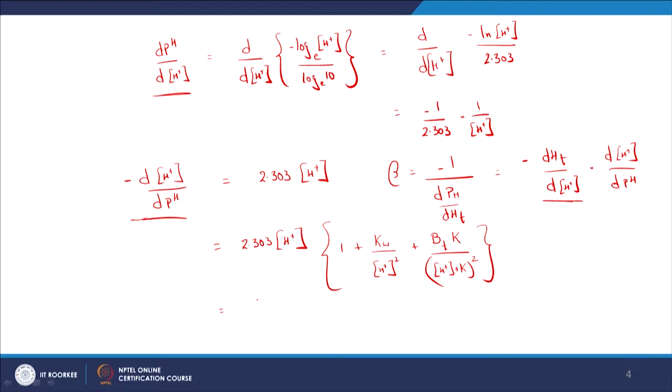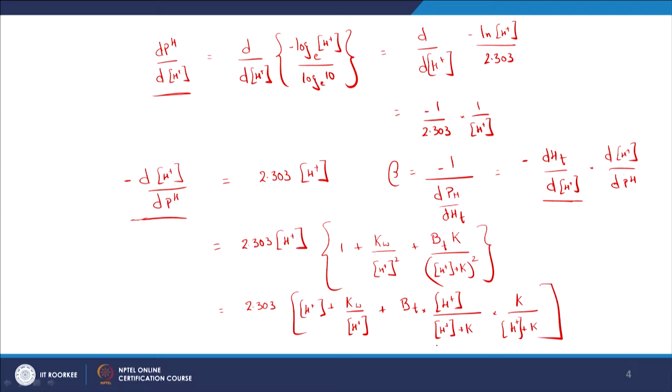So taking this in, it's going to be equal to 2.303 into the concentration of H plus, plus kW by the concentration of H plus, plus B total into, now I am going to express this in terms that we are going to be able to simplify later, K by H plus K into H plus K. And obviously, as you see here, this particular set of variables would be equal to alpha naught, and this particular set of variables would be equal to alpha 1, right.